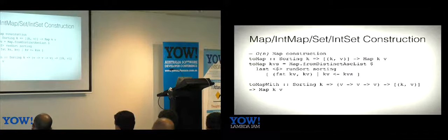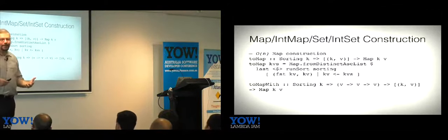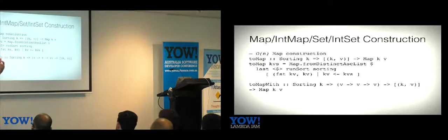Now, in Data.Map and Data.Set and these different container types that we have in Haskell, we often have a fast map construction that runs in linear time if you promise me that the inputs are in order.